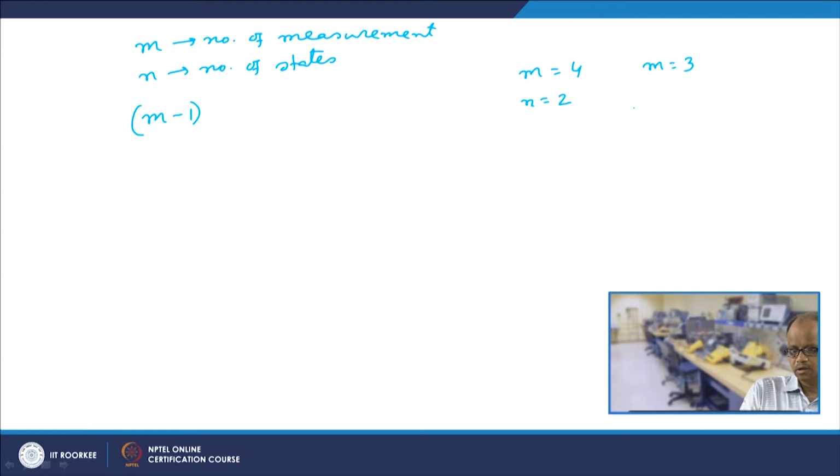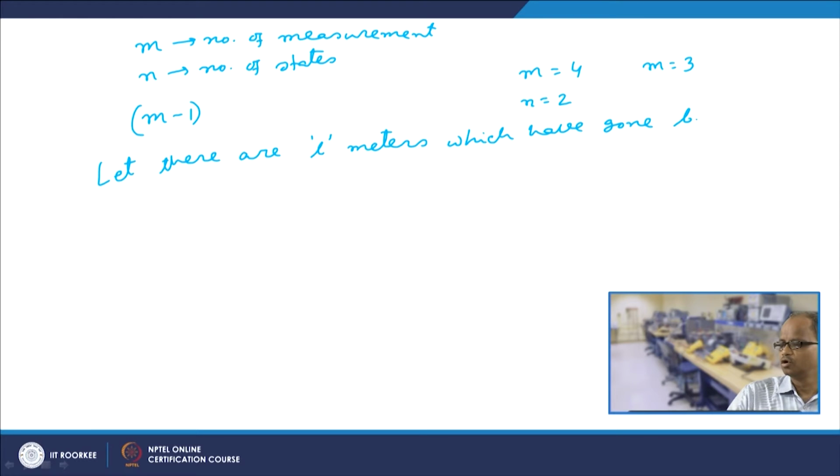Say, for example, there are L meters which have gone bad. Then what happens? We start with these m meters, then we first detect 1 meter, that is, the one which has the highest value of the standardized error. Then we simply discard it. After that my total number of effective measurements becomes m minus 1.